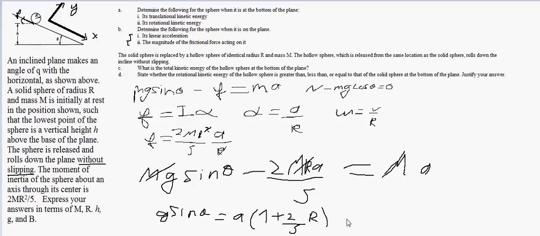I don't think it depends on R. Did I do anything wrong? This is the acceleration, this is the frictional force. Oh, the torque is F times R. My bad, so you have another R here.